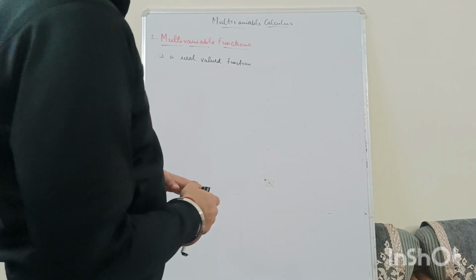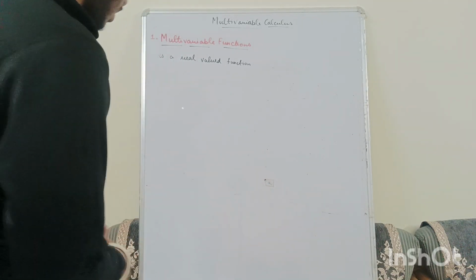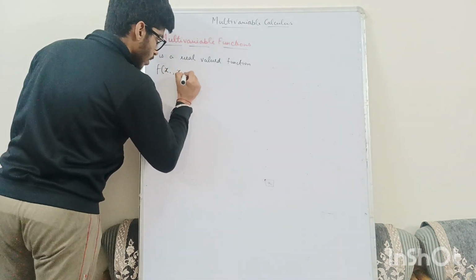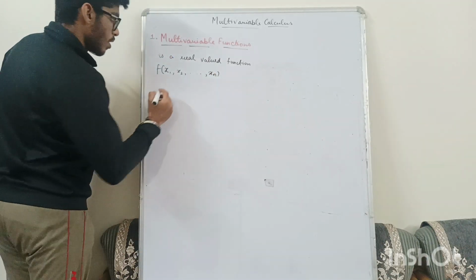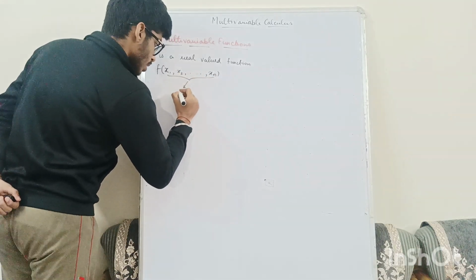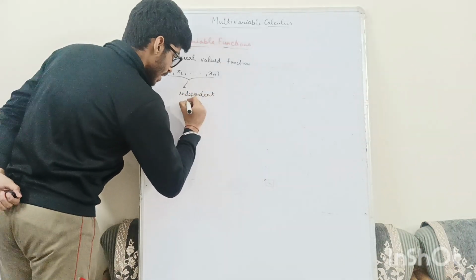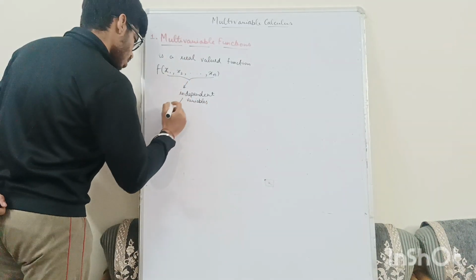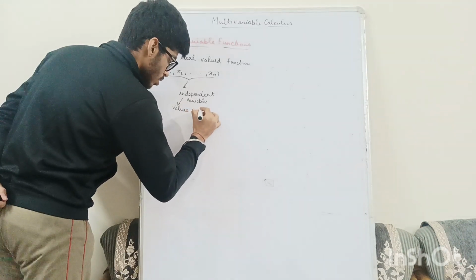So the formal definition for a multivariable function can be stated as: a multivariable function is a real valued function where, let's say I'm having my multivariable function as this. So a multivariable function is a real valued function where x1, x2, xn are all independent variables, and the values of these variables are real numbers only.